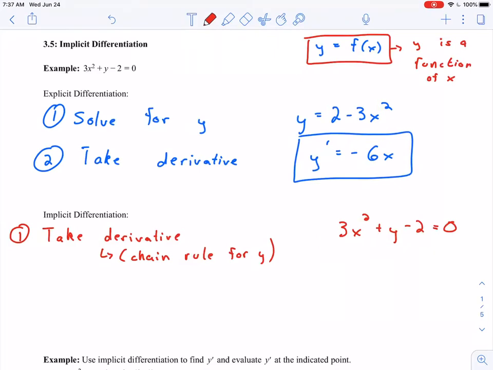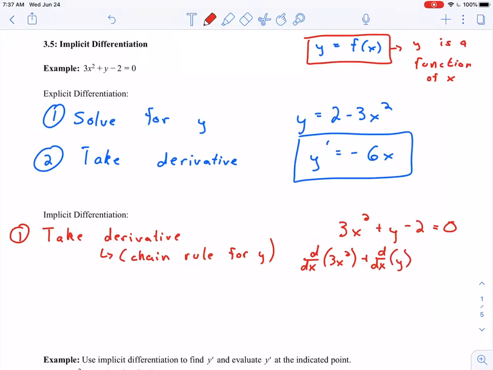So the way I'm going to do that, we haven't used this notation a ton, but I'm going to say d over dx of 3x squared. So what this says is take the derivative of 3x squared, and I should say take the derivative with respect to x here. So take the derivative with respect to x of 3x squared, plus I'm going to take the derivative with respect to x of y, and that one's going to be a little bit different.